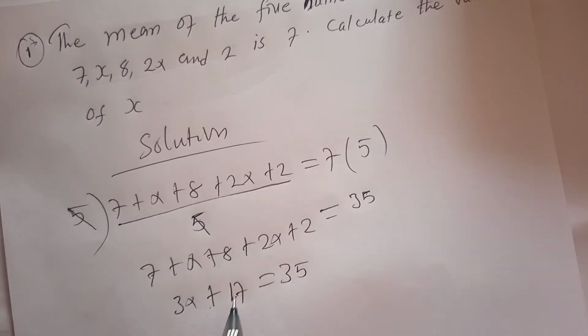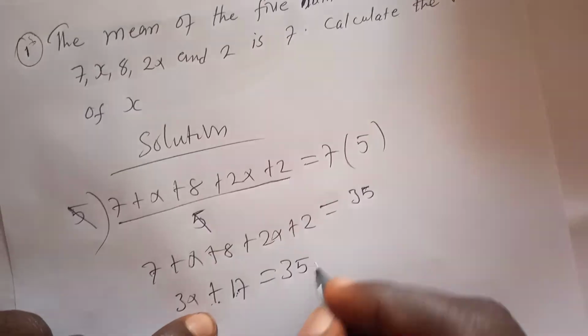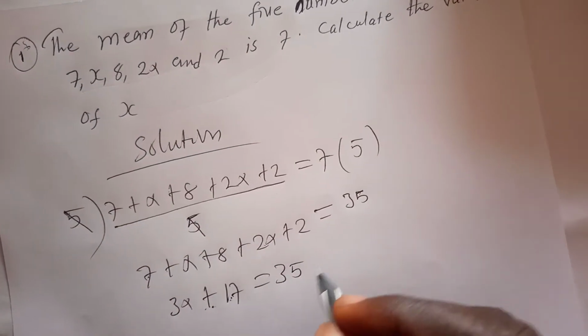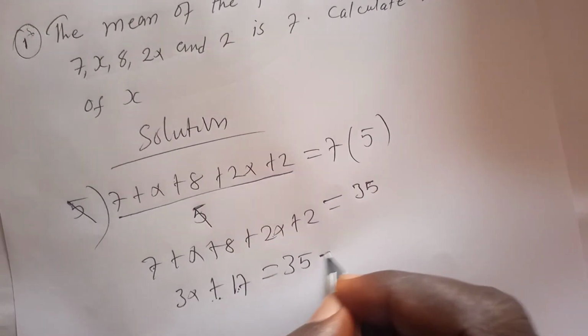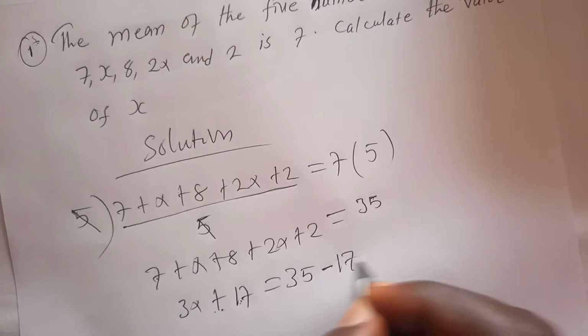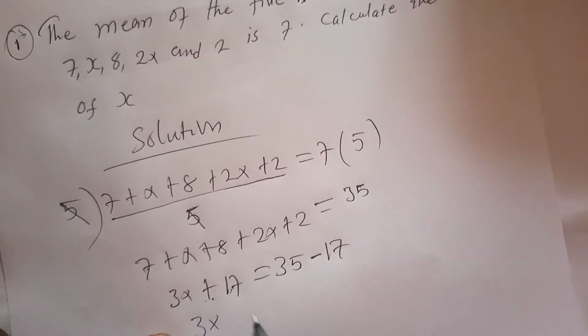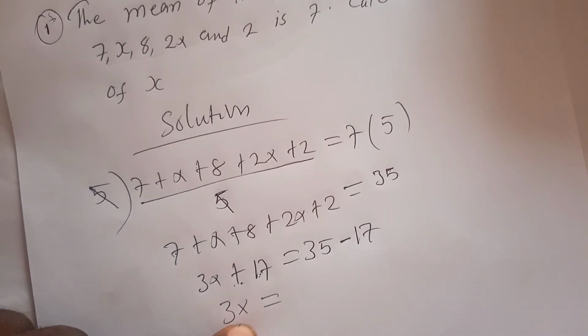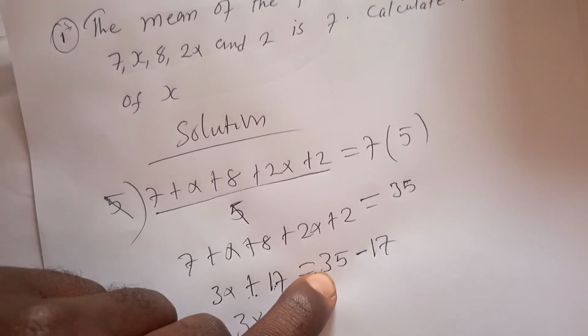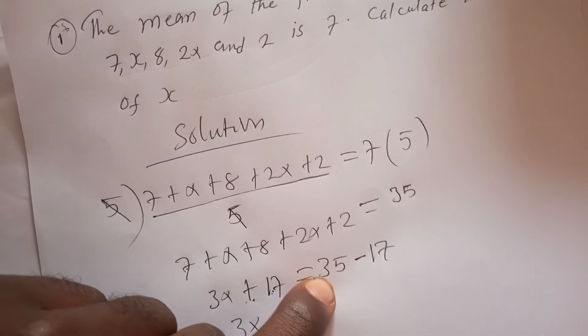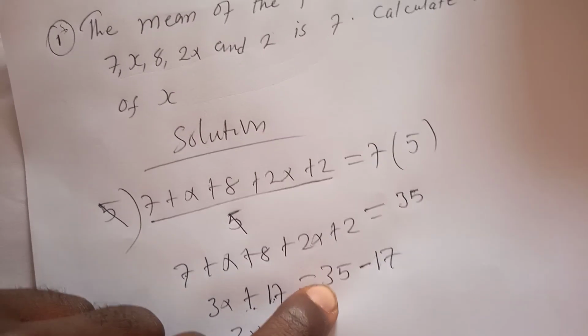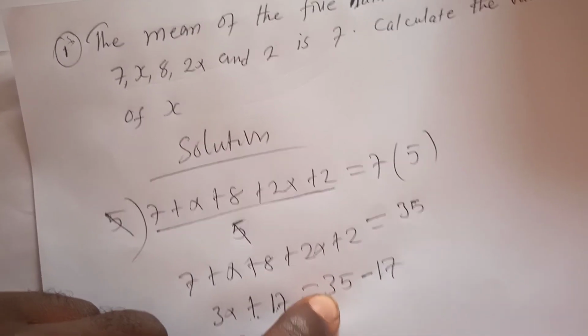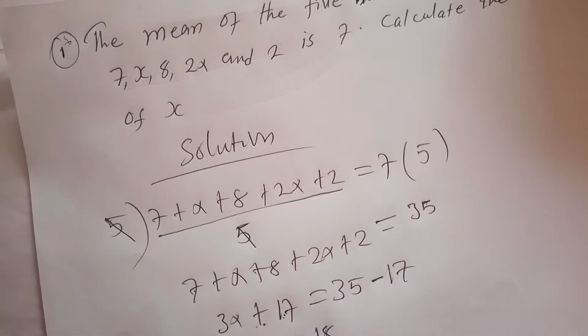So this is adding, carry across, subtract. This will be minus 17, and this will be 3x is equal to 35 minus 17, which will give you 18.